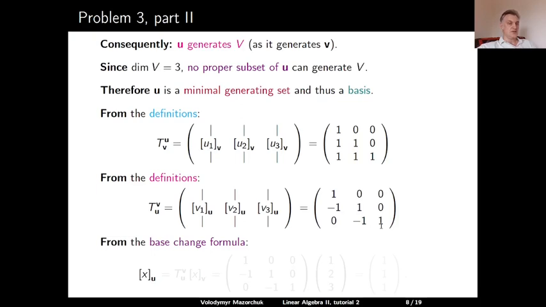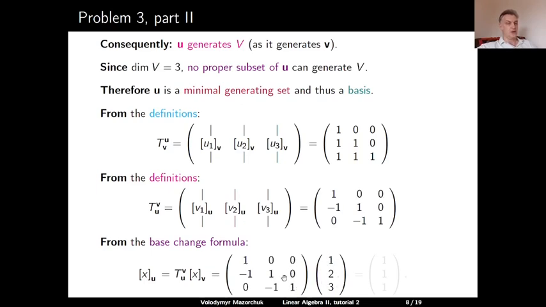And now we can use the base change formula and compute that the coordinates of x with respect to the basis U are equal to the transformation matrix T from U to V times the coordinates of x with respect to the basis V. So we have just computed that the transformation matrix is 1, minus 1, 0, 0, 1, minus 1, 0, 0, 1.